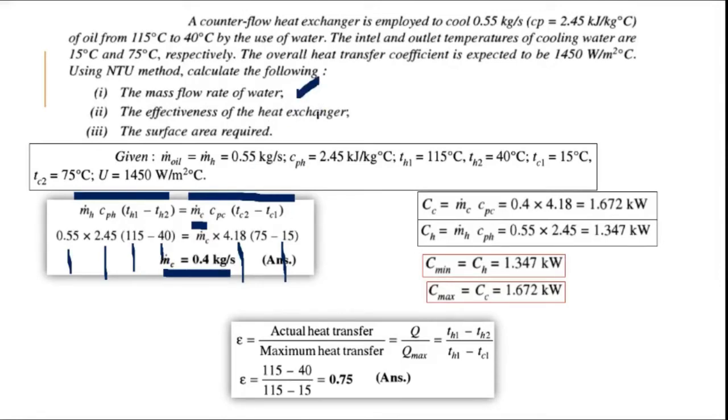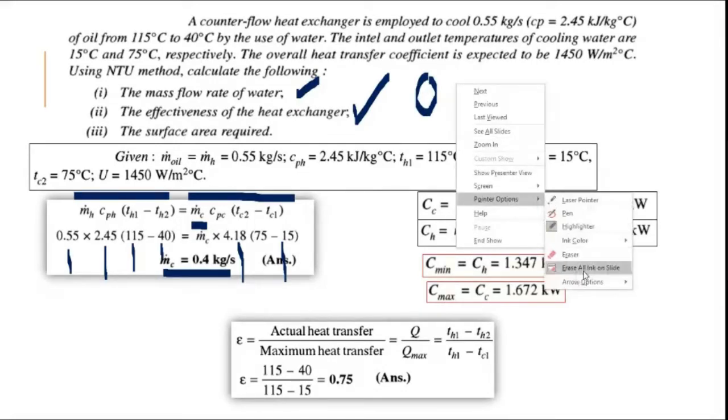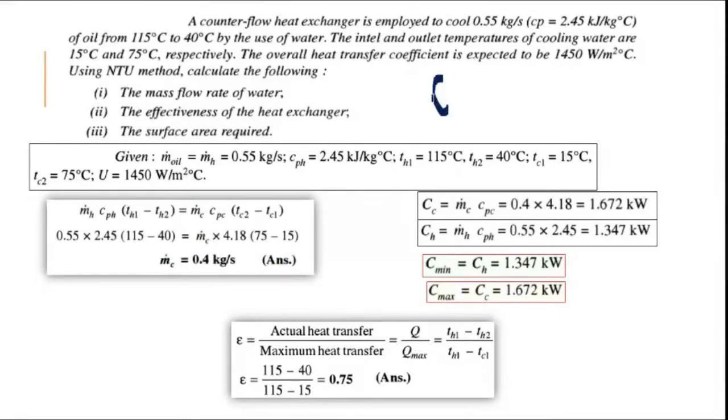Then the question says, find the effectiveness of the heat exchanger. So anyone who can tell me what is the formula for effectiveness for heat exchanger? What is epsilon equal to? Q by Q max, sir. Okay, this is Q actual by Q max. Yes or no? Yes, sir.